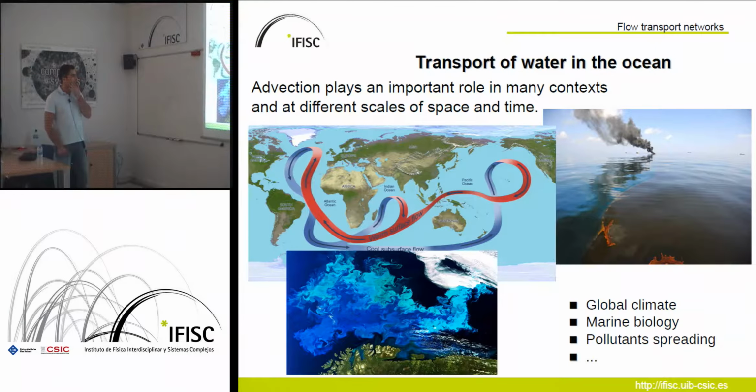Also in marine biology, the spreading of larvae and planktonic organisms is driven by the dynamics of the flow. And finally, this is an oil spill in the Atlantic. To forecast and prevent pollutant spreading in the sea, it's important to consider the effect of the transport due to ocean currents.